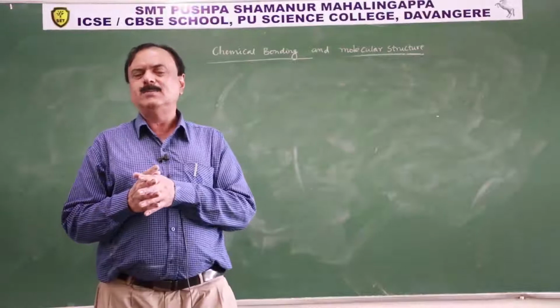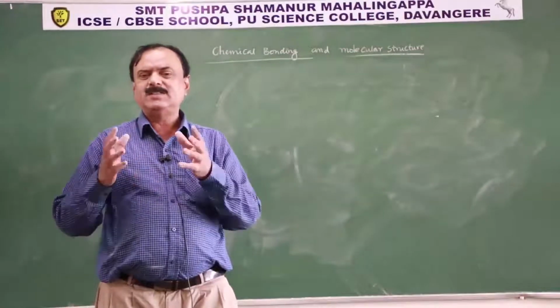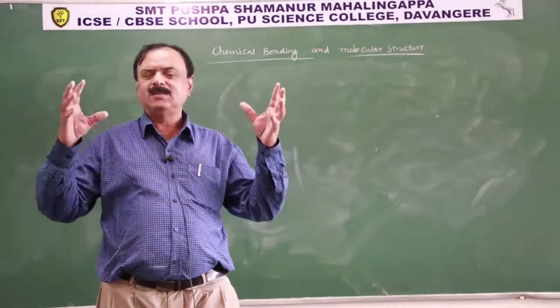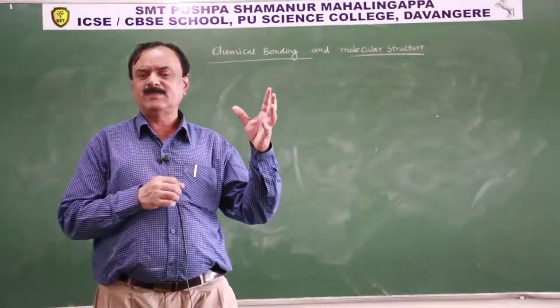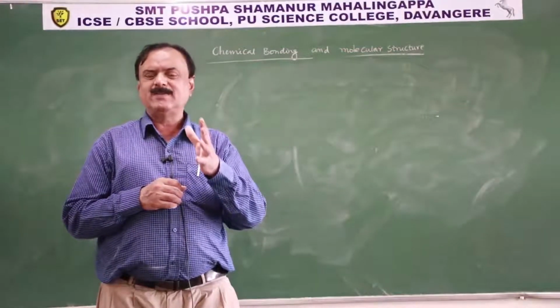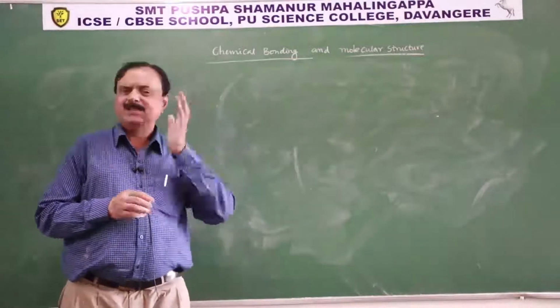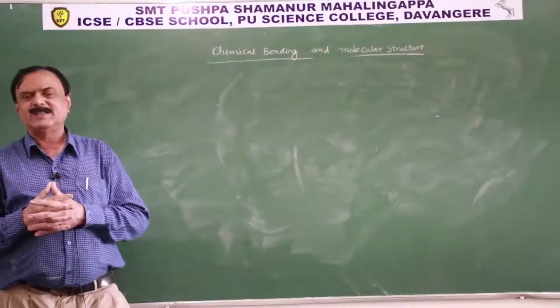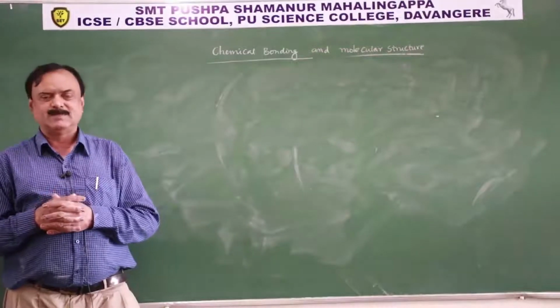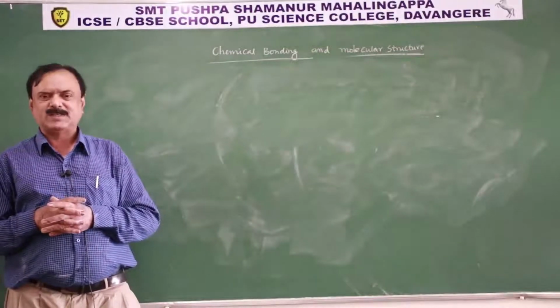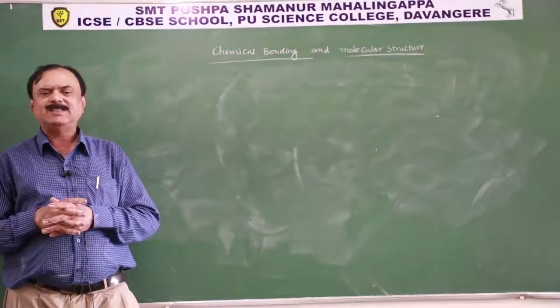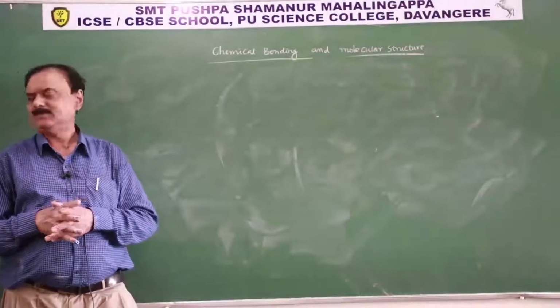The electrons are in the higher energy level of the first atom, and the nucleus of the first atom has affinity with the electrons of the neighboring atom. That is why the nuclear force of attraction will be more, and hence chemical bonds are formed. Is it clear?